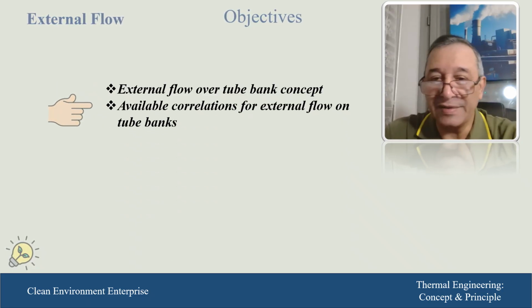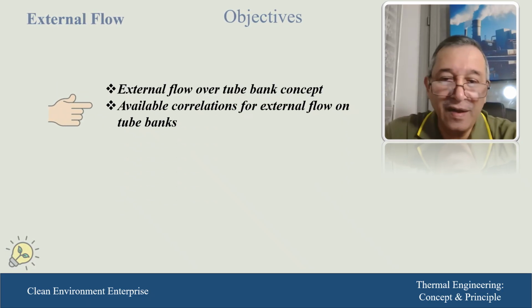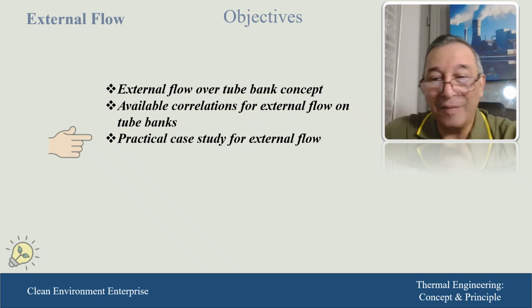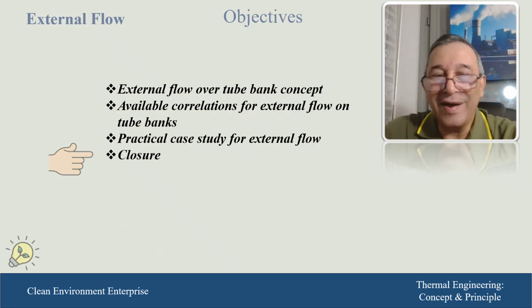Available correlations in the open literature, we will mention some of them and examine them in a practical case study where air flows on these tubes. And finally, we will arrive at the closure of the present episode, and let us go through these objectives.